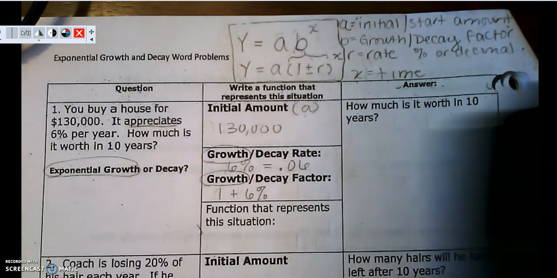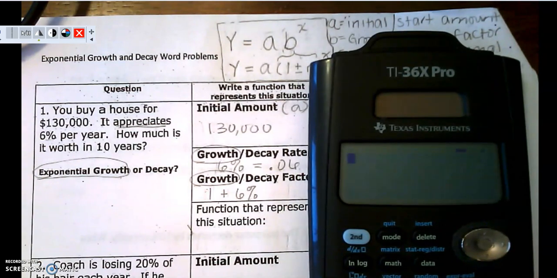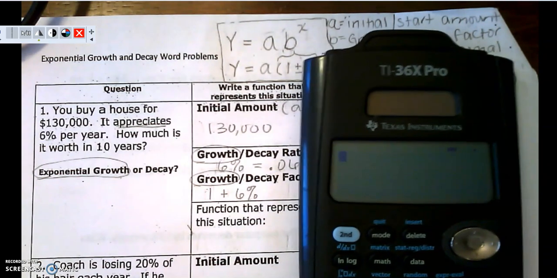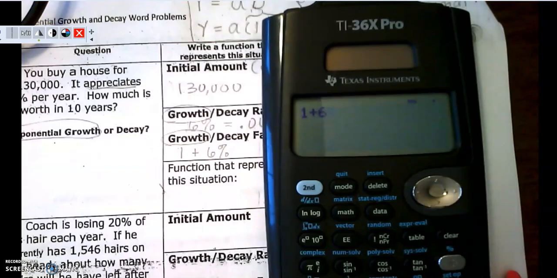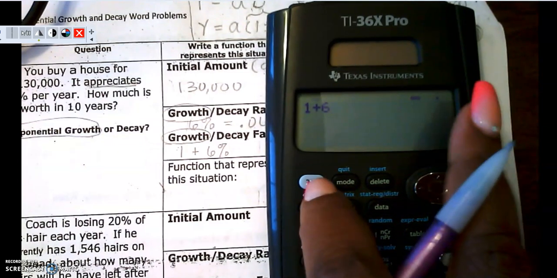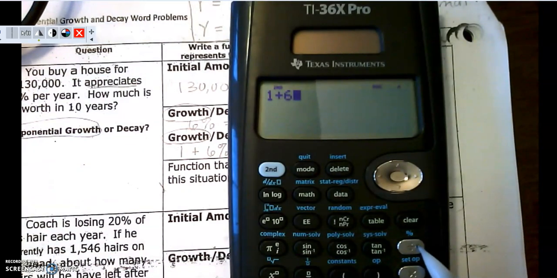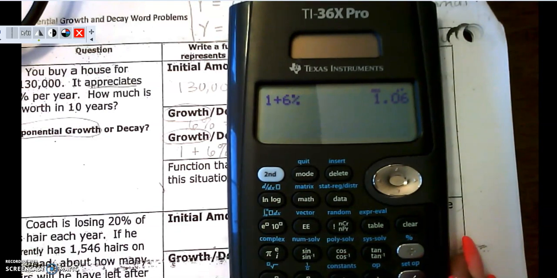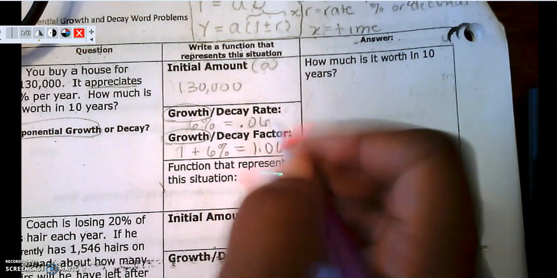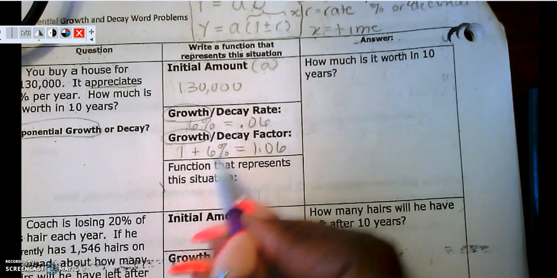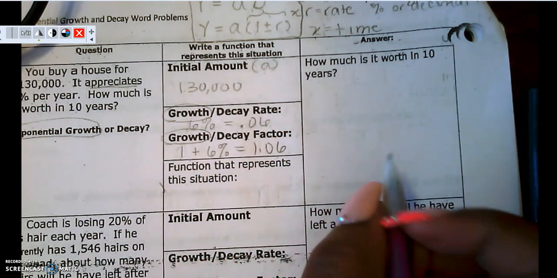In our calculator, if you have the TI-36X Pro, you could simply hit 1 plus the 6, and then to get your percent sign, you hit second and then the division button, because on top of the division button is your percent sign. When we do that, we get 1.06, or you could have simply added the 1 plus the 0.06 and got the same answer. Either of the two is acceptable.